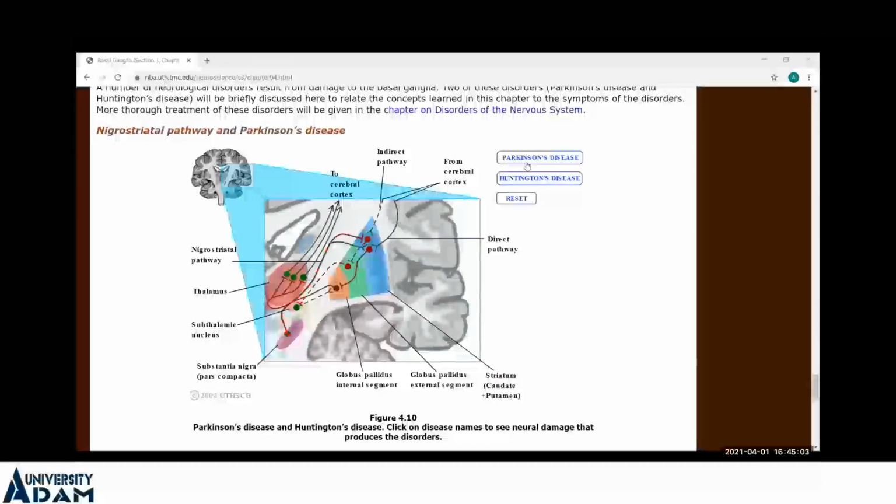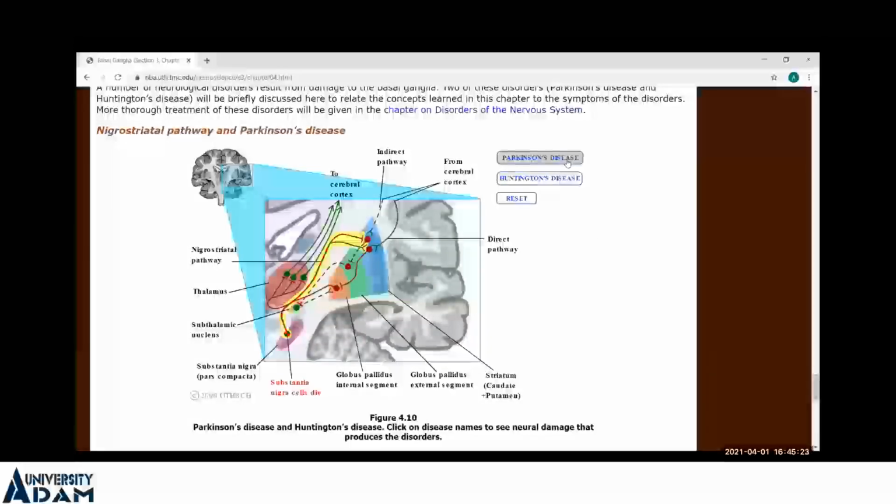But actually, guys, besides Huntington disease, there are also a lot of other disorders which involve the extrapyramidal system. We will talk about them in the practice classes. So now let's take a look.